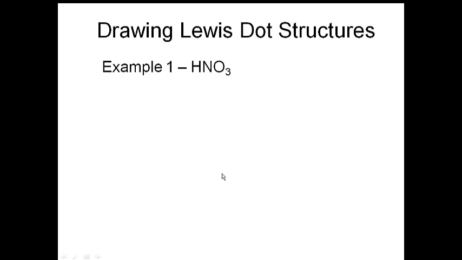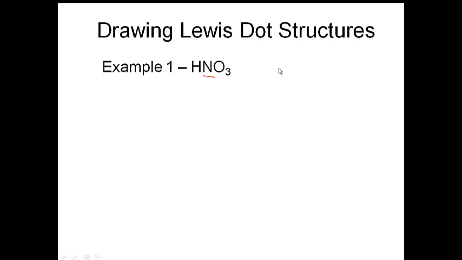So, for example, let's write a possible Lewis dot structure for HNO3. If you want, you can stop the tape right now and draw something, and see if it's correct. Nitrogen is going to be our central atom.